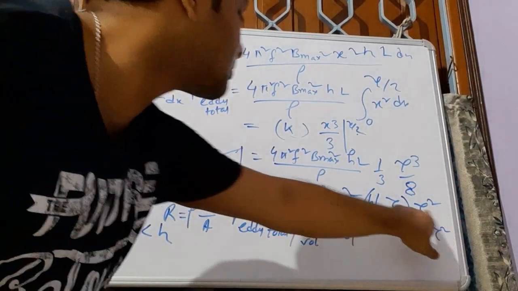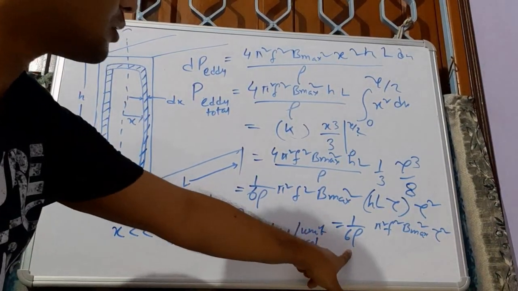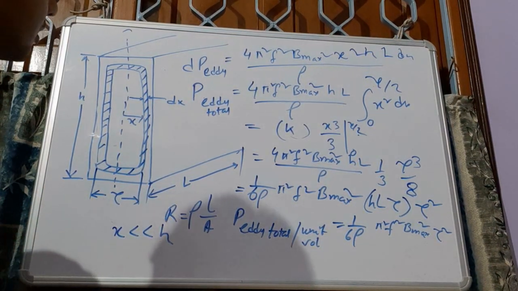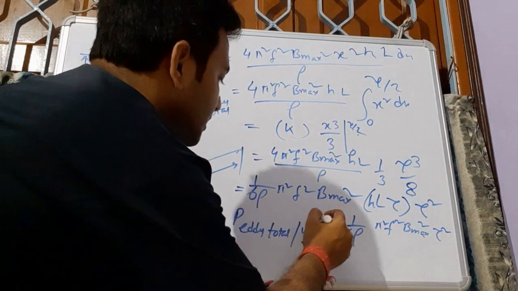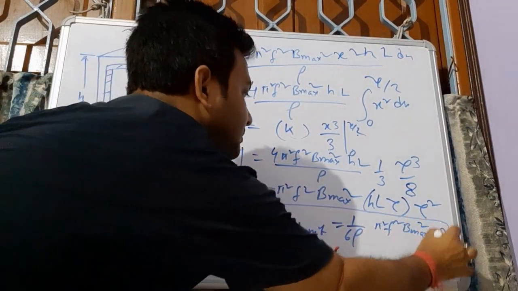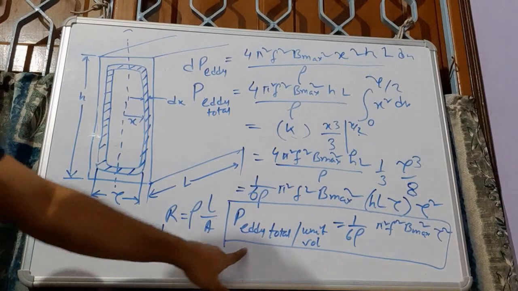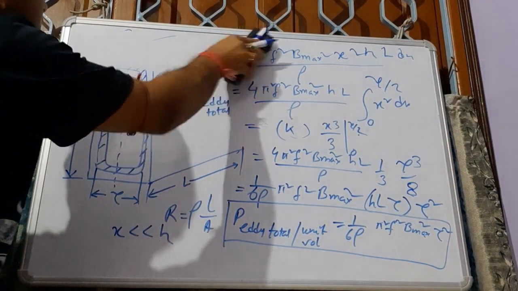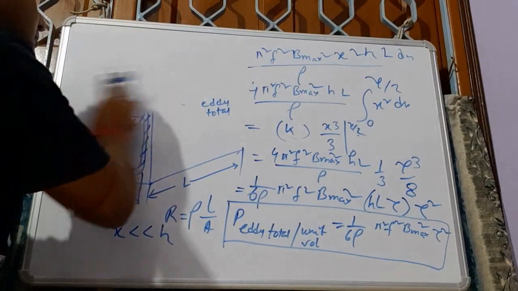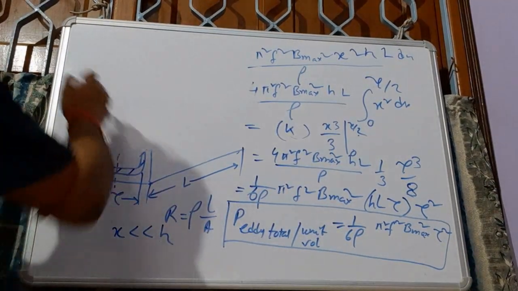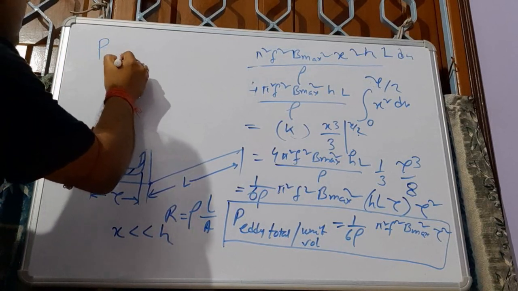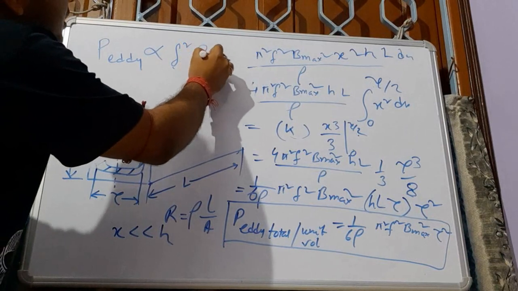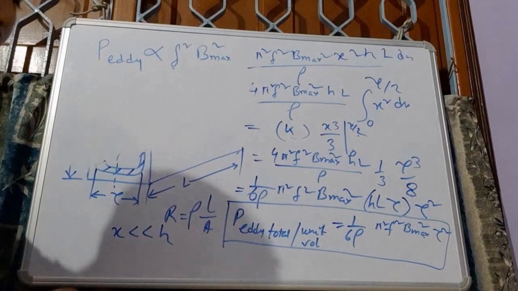So this is the expression of eddy current loss per unit volume, right? So from this equation, we found a very important result: PAD is proportional to f square B max square, right?